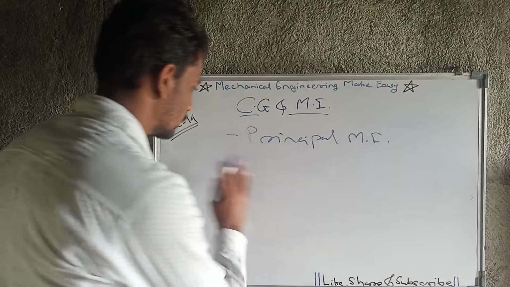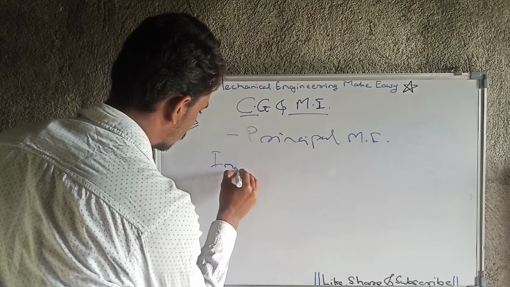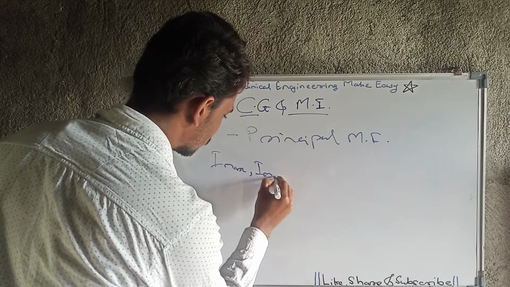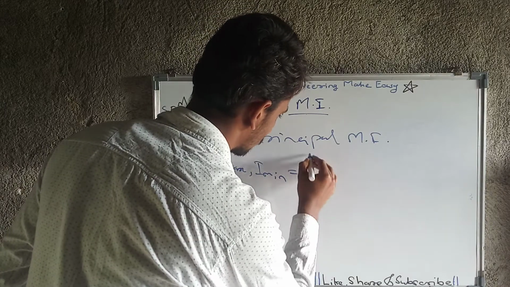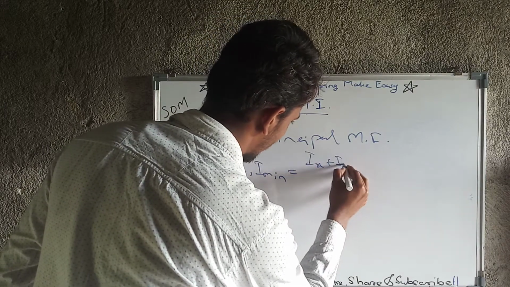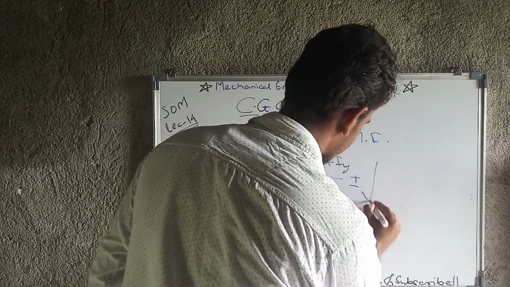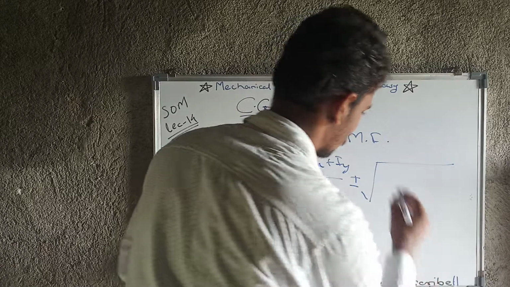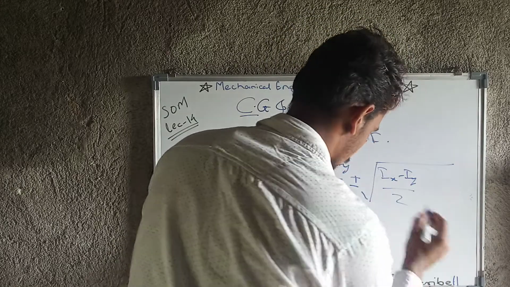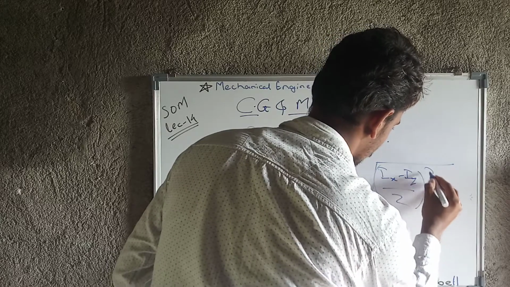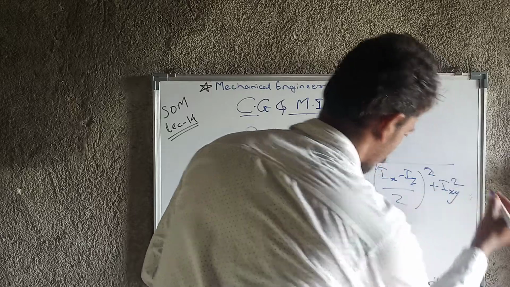So what are those? I will combine both the formulas. Imax, Imin is equal to (Ix plus Iy) by 2 plus minus under root of ((Ix minus Iy) by 2) whole square plus Ixy square.